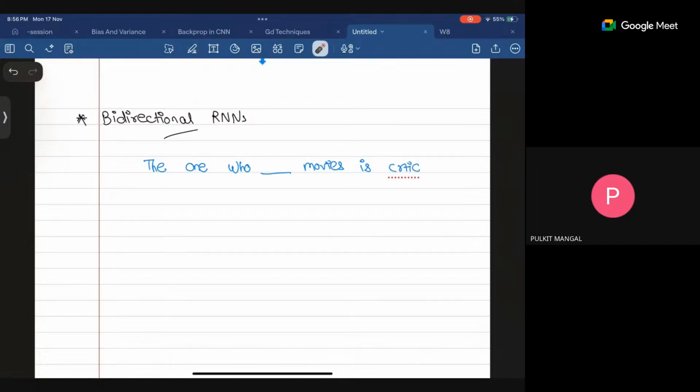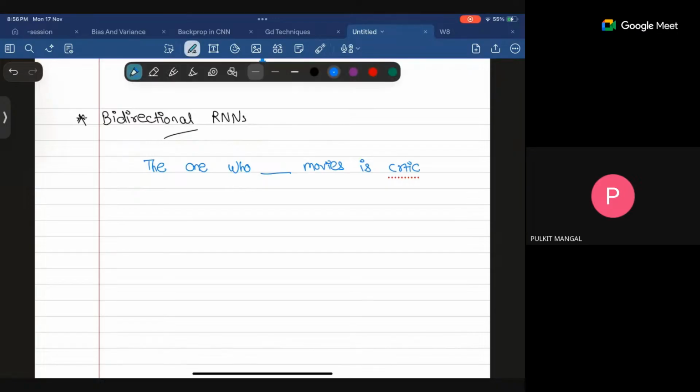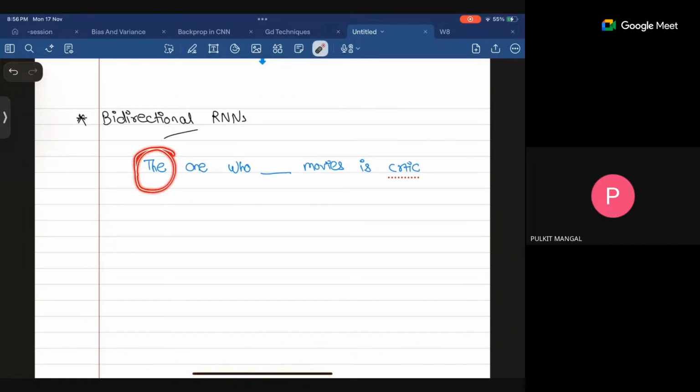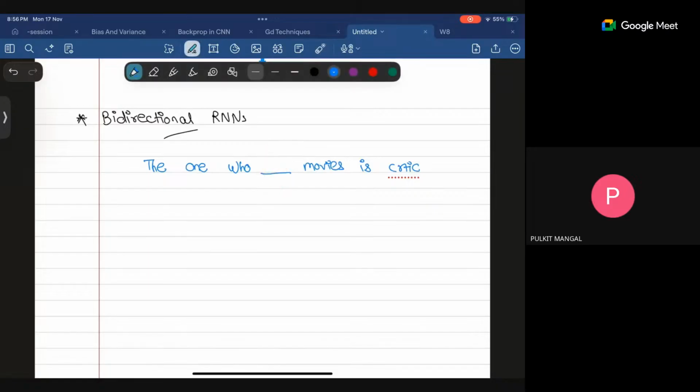If we want to predict the next word given that we have seen this many words, this is how our one-directional RNN used to work. It's going to first look at this word, then the information will be passed on by taking the information from this word, and then with this and this, we are going to predict the next word. But to predict this part, what will come?